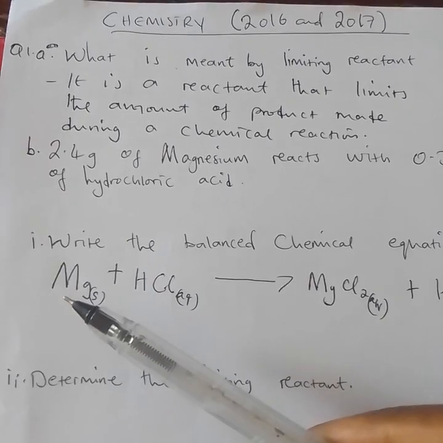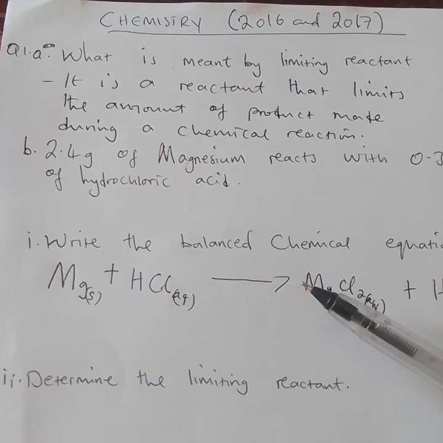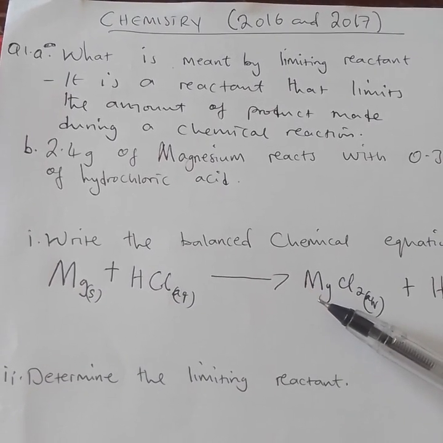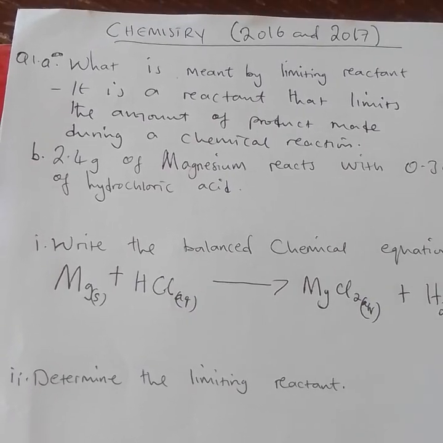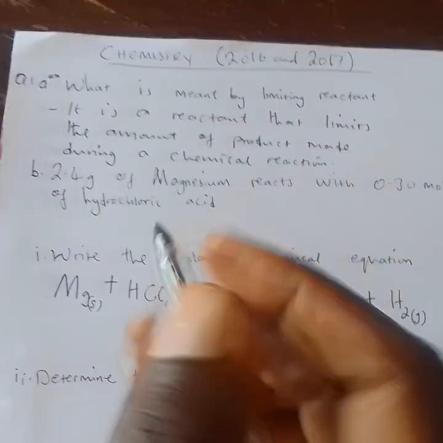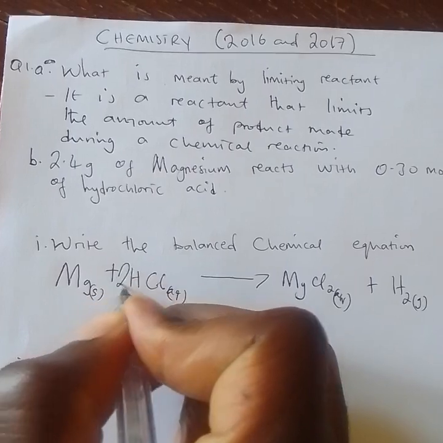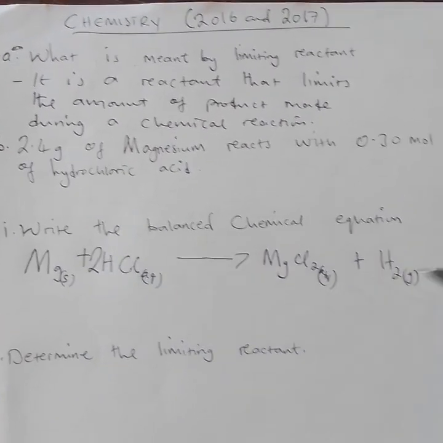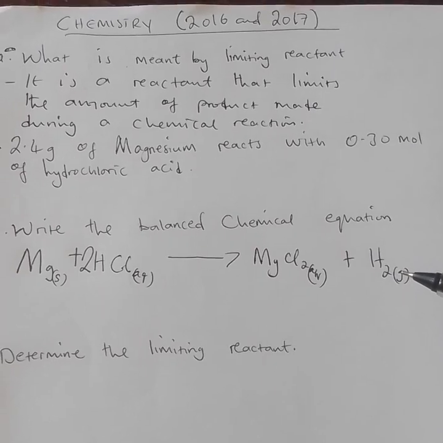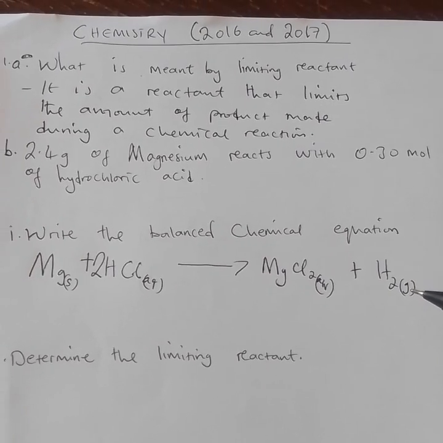Magnesium on the left is 1 and on the right is 1. Chlorine on the left is 1 and on the right is 2. So let's balance by putting a 2 in front of HCl. Now you have 2 hydrogen on each side, so automatically our hydrogen has balanced.